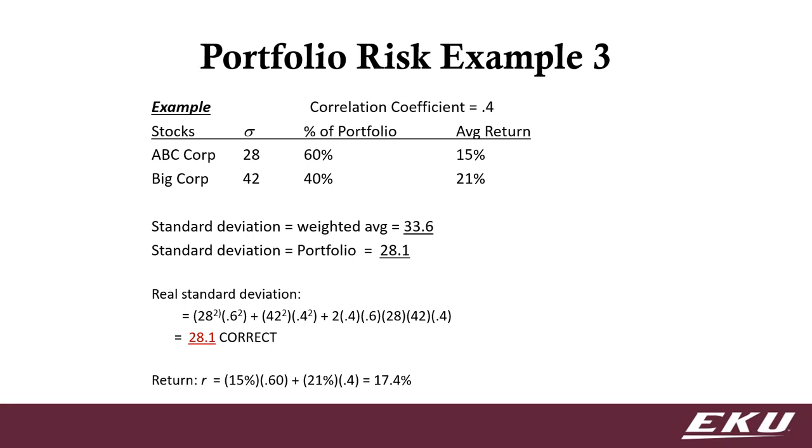If we put that in and calculate it, we see that. But if it had been just the weighted average of the two, if the correlation was 1, then it would have been 33.6.